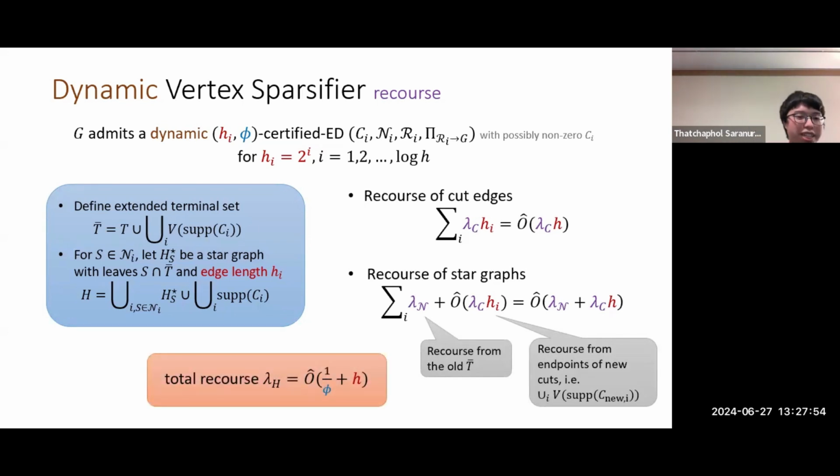If you recall, the recourse of the pairwise cover is 1/ε, and this H factor is because the cut is fractional, then the total recourse of this vertex classifier will become 1/ε plus H. And actually, this is not good, as Dashboard said before.